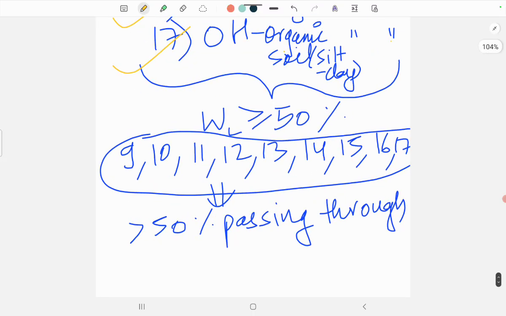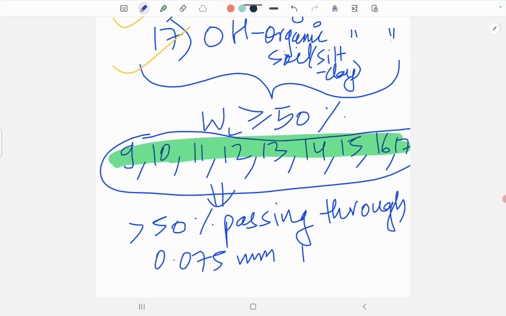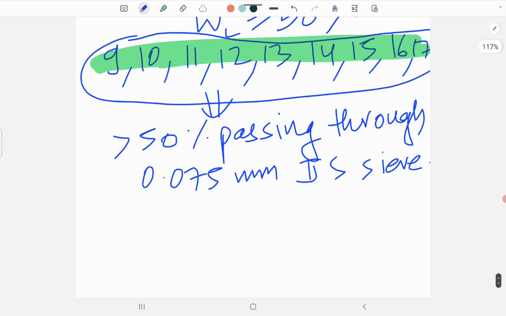So all these, 9, 10, 11, 12, 13, 14, 15, 16, 17 we wrote, have greater than 50 percentage passing through the 0.075 mm IS sieve.